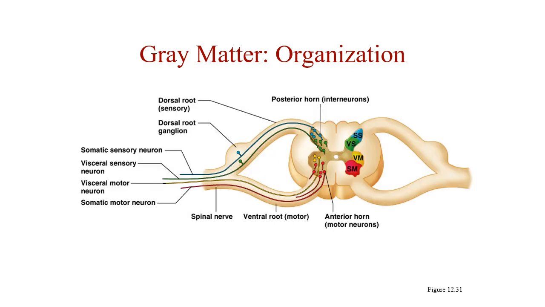And so we can see that on the sensory side, we have visceral sensory, and we also have somatic sensory. And then we're going to have visceral motor, and then somatic motor. And so each one is divided up into its own area where that information is going to come out of the gray matter there, or incoming as far as the sensory information is concerned.